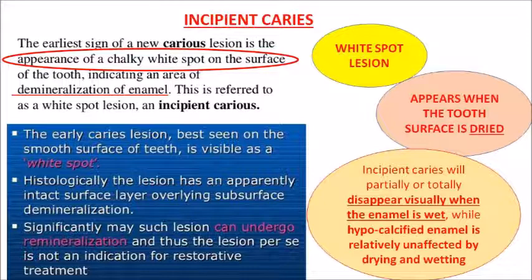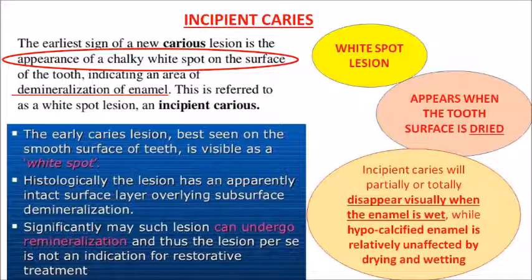That should always be remembered, because this incipient caries shows that demineralization is happening, so it can be remineralized. The mineral content can be re-established, so the tooth structure is always intact. It does not show that the tooth structure is broken. There is proper tooth structure remaining.